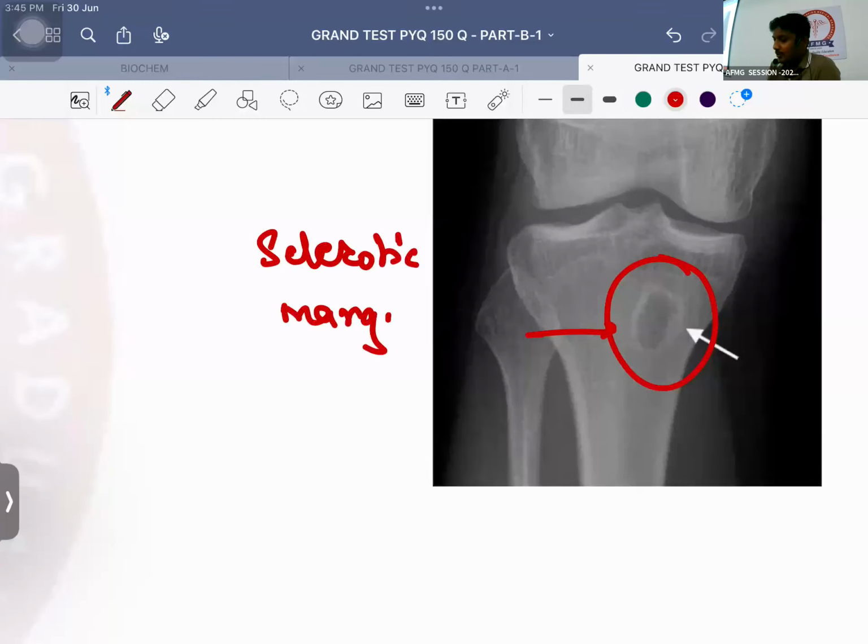The child is immunocompetent or immunocompromised? He is immunocompetent. That means his immunity is strong. Therefore, the infection has not spread. It was controlled early with the help of this formation of a sclerotic ring around the infection. Okay? So if there is sclerosis around the infection, that is suggestive of an immunocompetent patient, that is strong or good immunity. Okay?